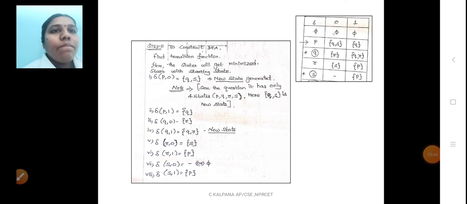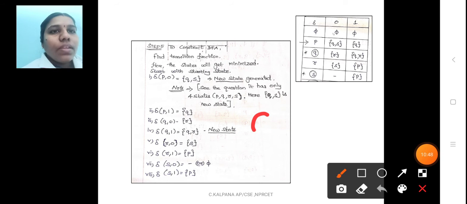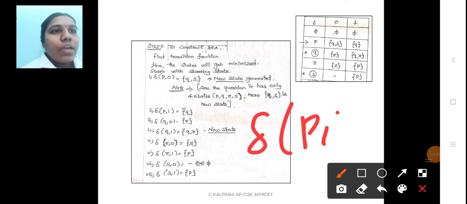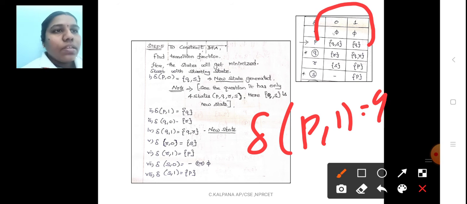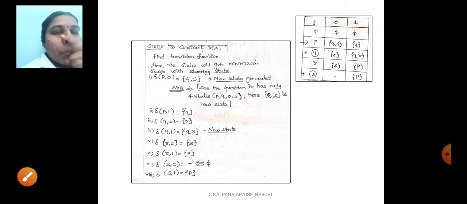Same thing only: transition function of p comma 1. What is the answer? Q. And transition function of p comma 0. What is the answer? Q comma s.